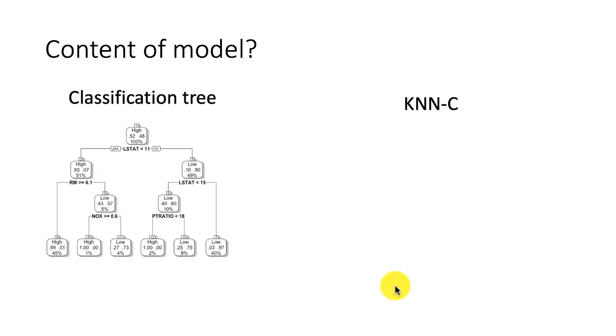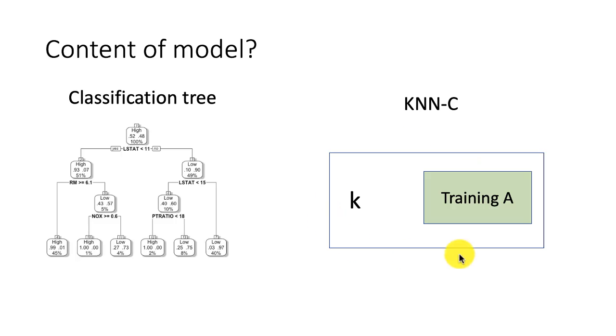In the case of KNN for classification, it is the combination of the chosen value of k along with the data contained in the training A partition. So together they make up the model. So in order to classify a new case, we need both of these, right? For example, you're given the test partition, take a row of the test partition, find its k nearest neighbors in the training A partition, and then classify it accordingly, or calculate probabilities, whatever you want.